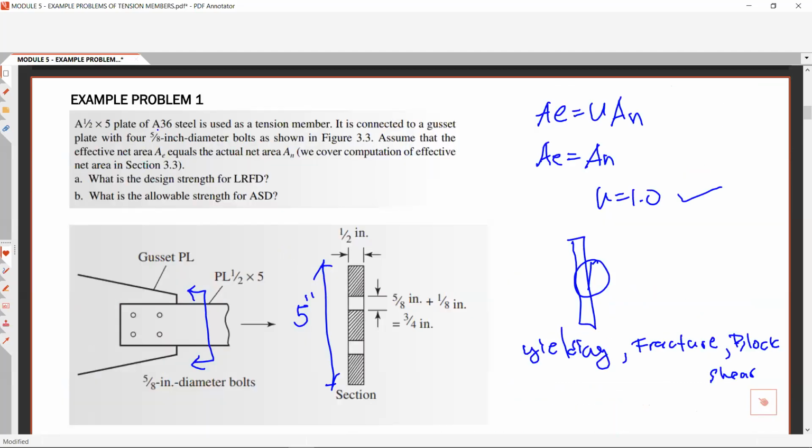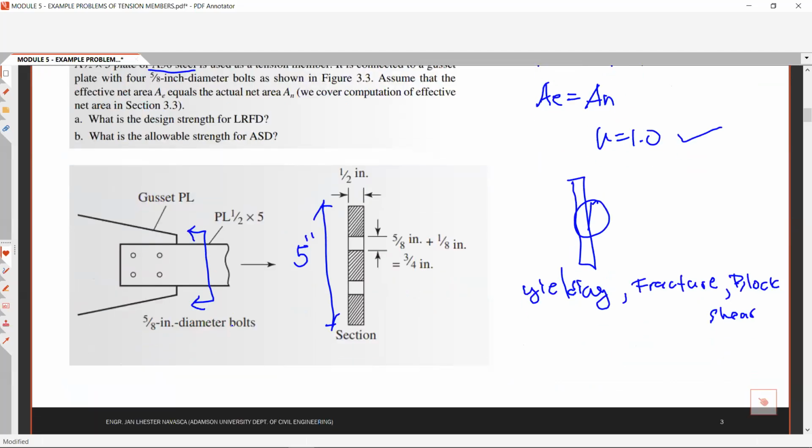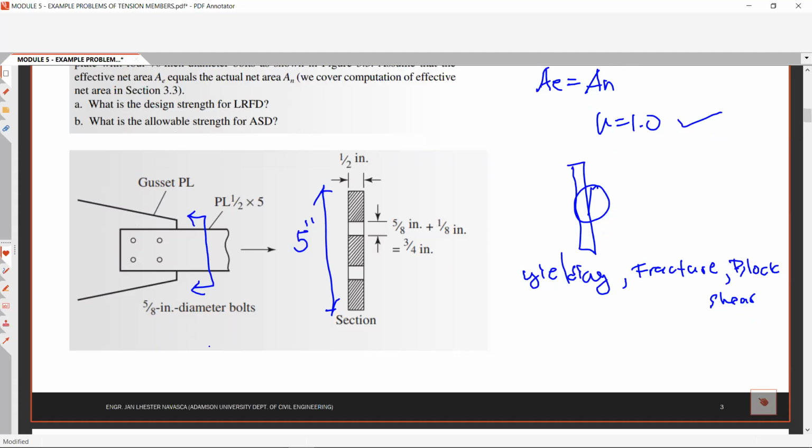Since we are using A36 steel, according to the AISC manual, A36 steel has an Fy of 36 ksi and an Fu of 58 ksi.